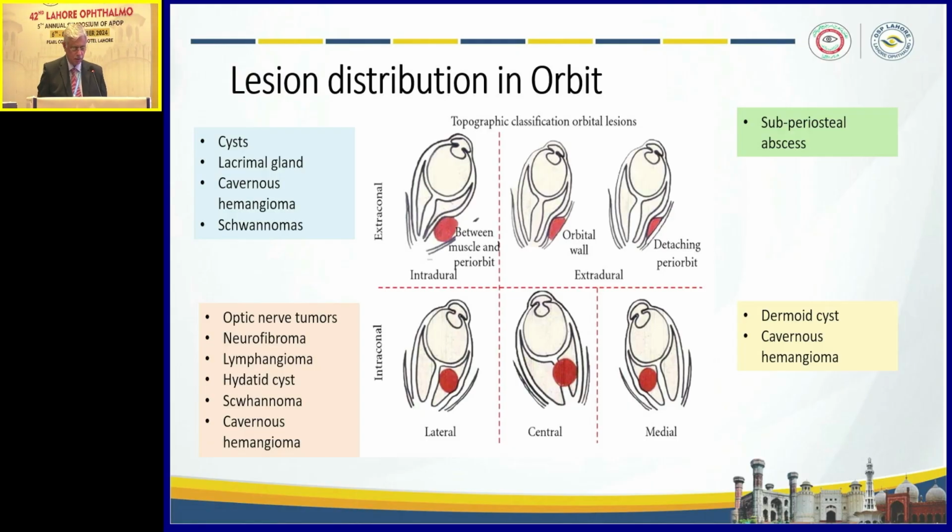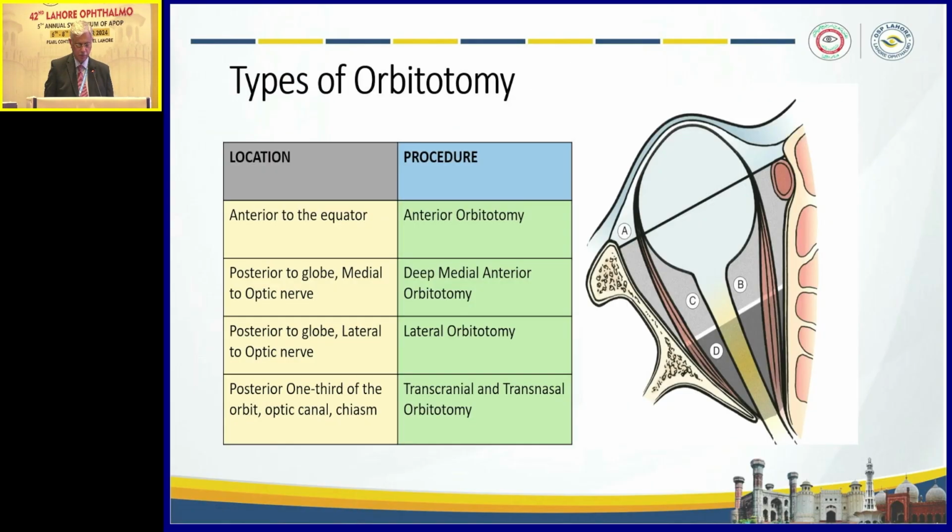They are mainly the optic nerve tumor itself, neurofibromas, lymphangiomas, hydatid cysts, schwannomas, cavernous hemangiomas, dermoid cysts. And in the subperiosteal space, it is mainly the subperiosteal abscess. So this is the common distribution of lesions in the different orbital spaces.